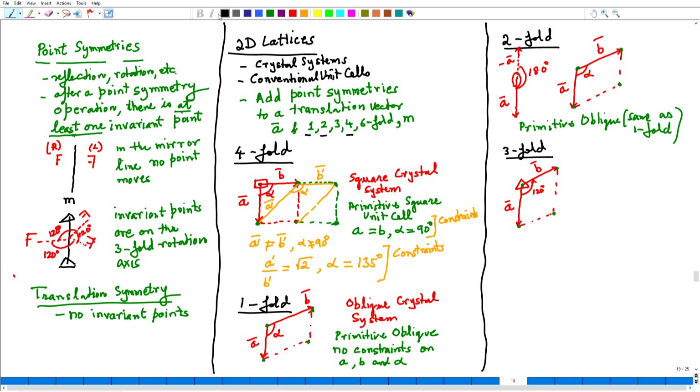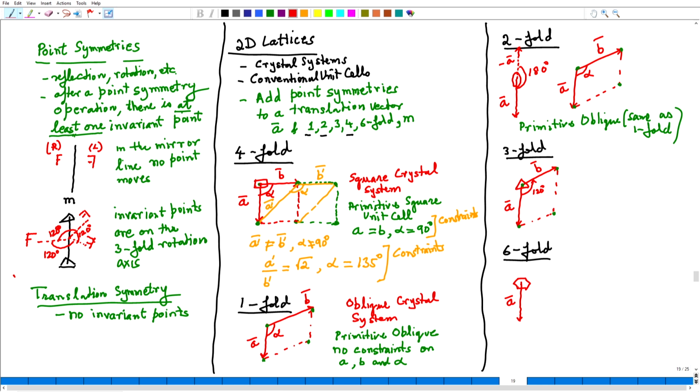But before I name this crystal system and the lattice, I also want to look at what happens when I add six-fold. So, now when I add six-fold, same exercise. Now 6-fold means I can give a minimum rotation of 60 degrees.